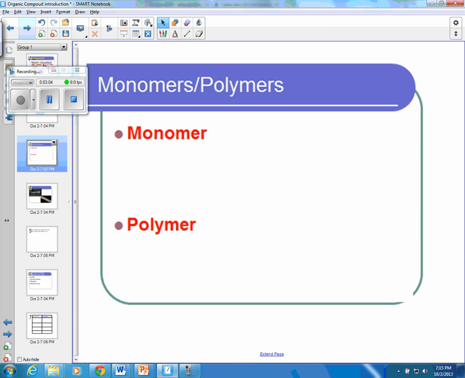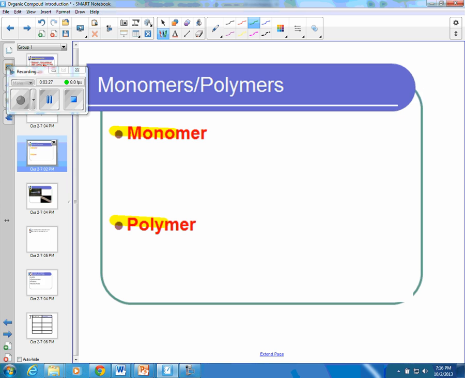Now, all organic molecules, some of them are really, really big, and some of them are small. So, if you have to look at these two words, monomer and polymer, what would you think they were? Let's look at the prefix. Let's highlight the prefix. Mono, poly.